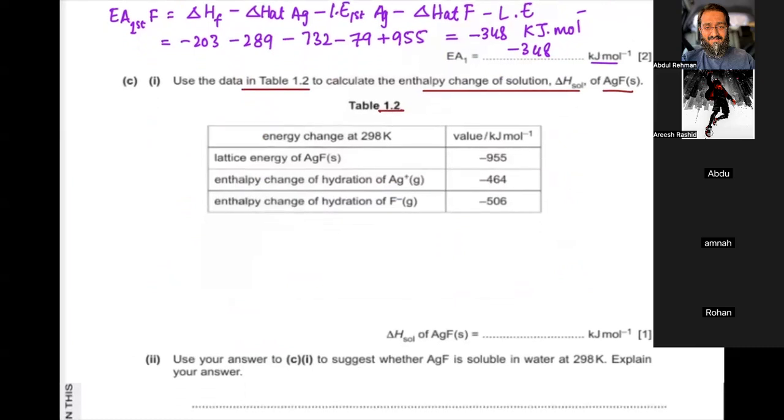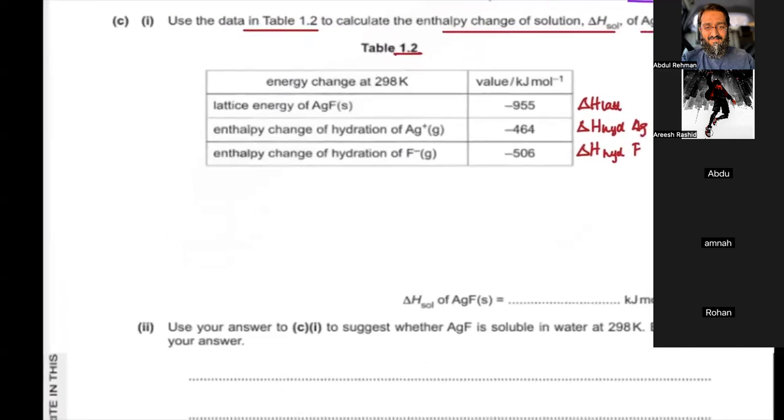Okay, so if you recall, it's silver fluoride. What is given? You are provided with the lattice energy, the enthalpy change of hydration of silver, and the hydration of fluoride.